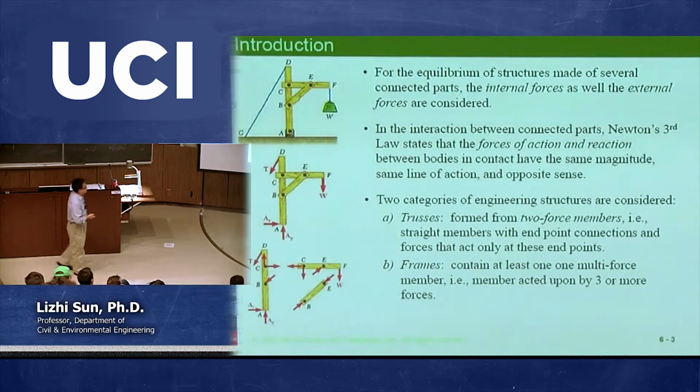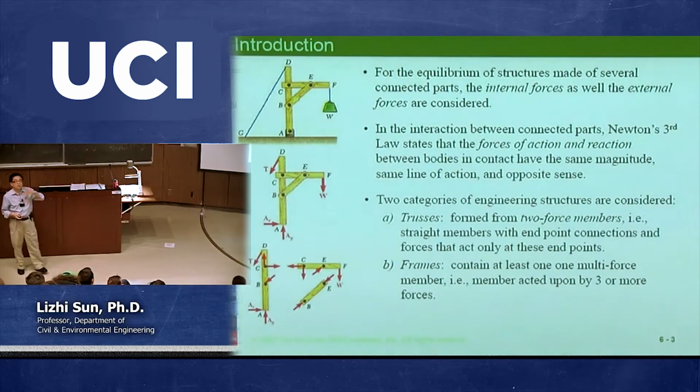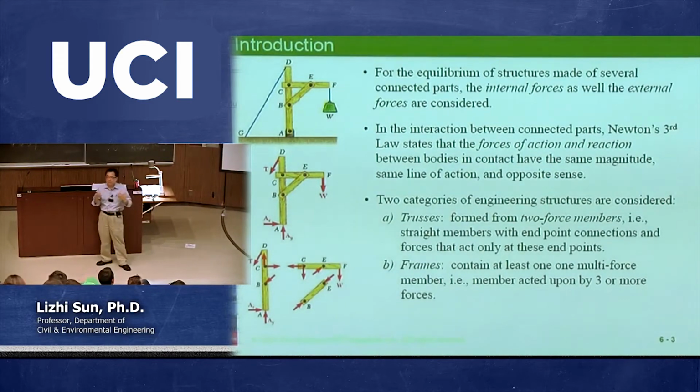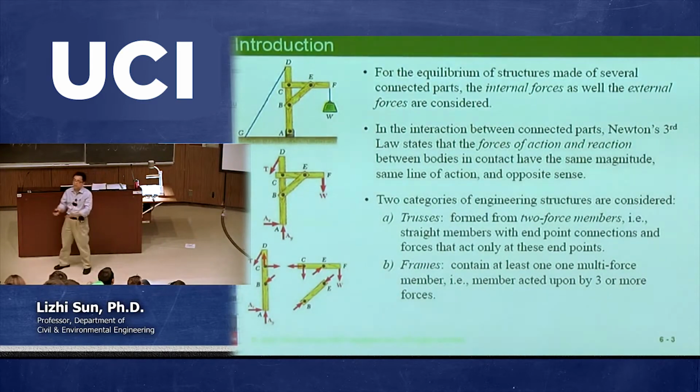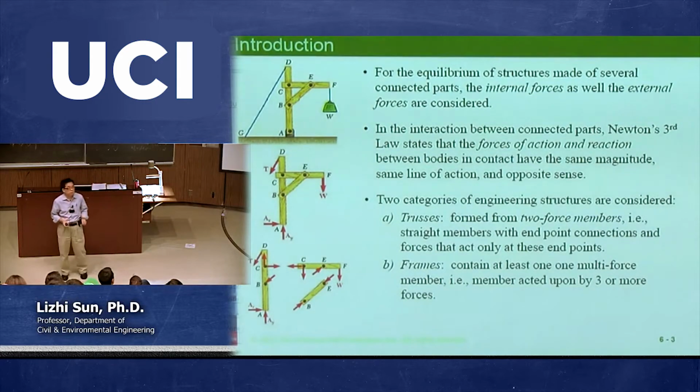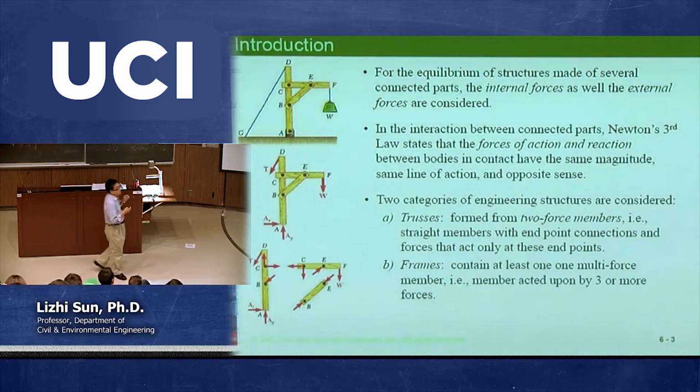In order to calculate or in the future to design trusses, you need to know how to calculate the internal forces, and then later on the stresses, because these are the basic quantities you have to use to conduct any structural engineering design. So as a first step, you need to know how to calculate internal forces.